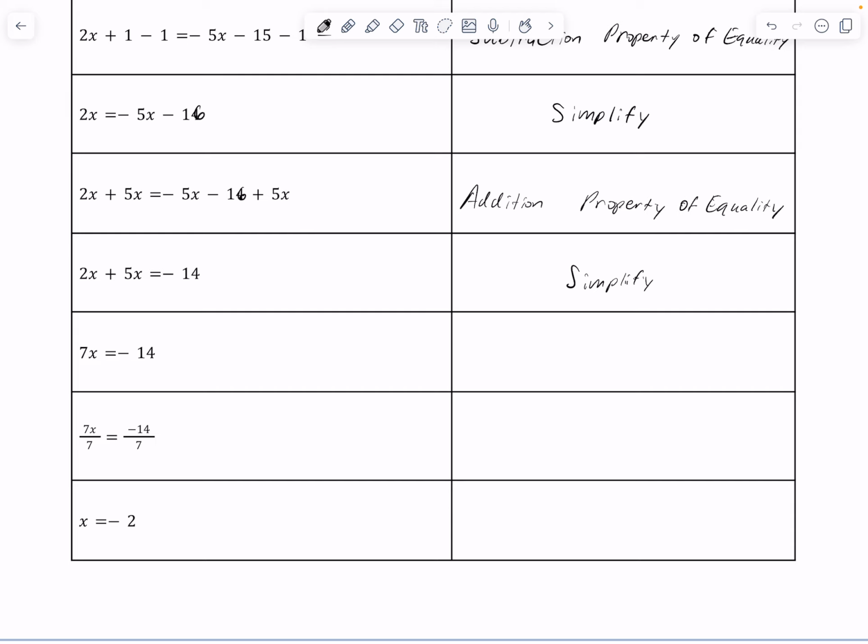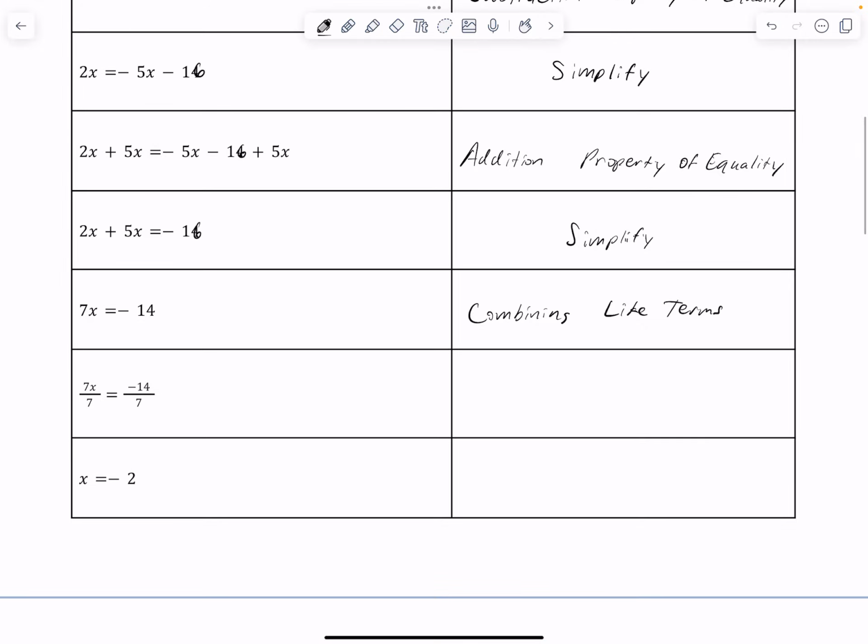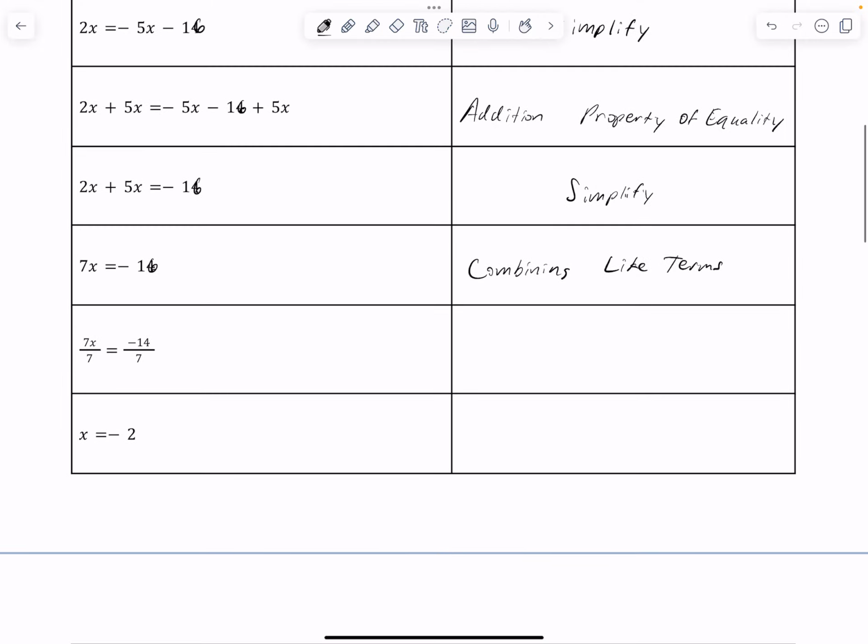To get to that next step, we have 2x plus 5x. That's combining like terms, to get that 7x. And then we're going to move the 7x to the other side with the division property of equality.